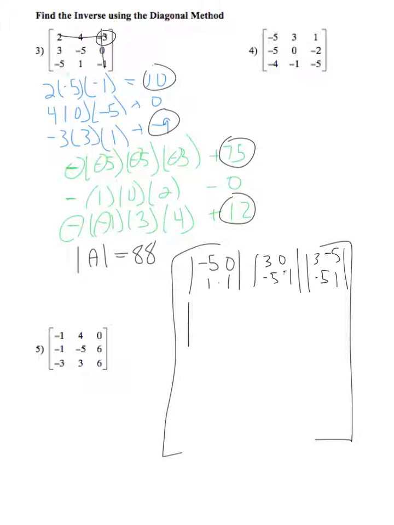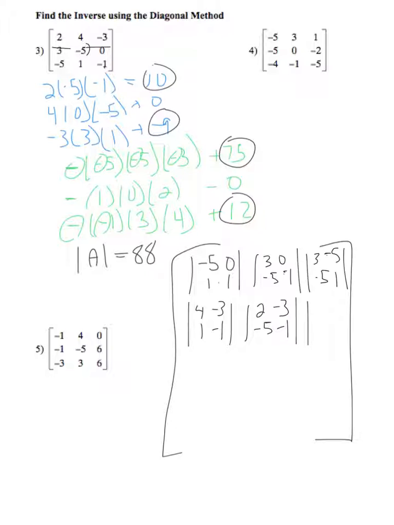Okay, now I'm going to come down and do the next one. So I'll get rid of those. That leaves a mini matrix of 4, negative 3, 1, negative 1. Do this one, that gets rid of those. That leaves the 2, negative 3, negative 5, negative 1.